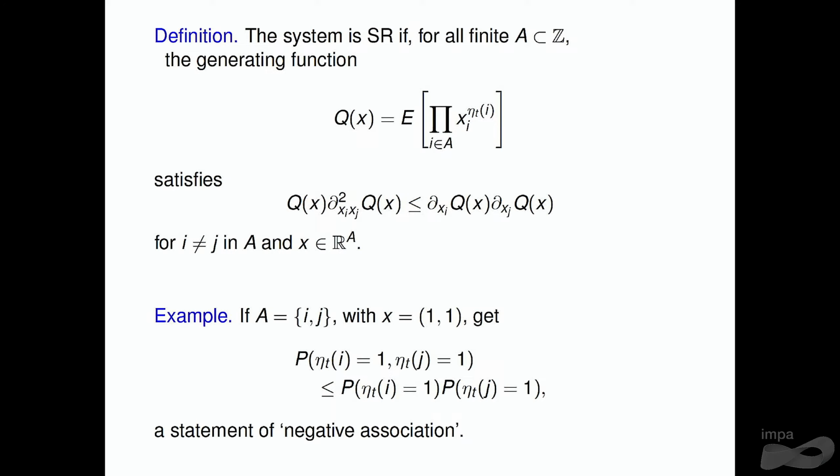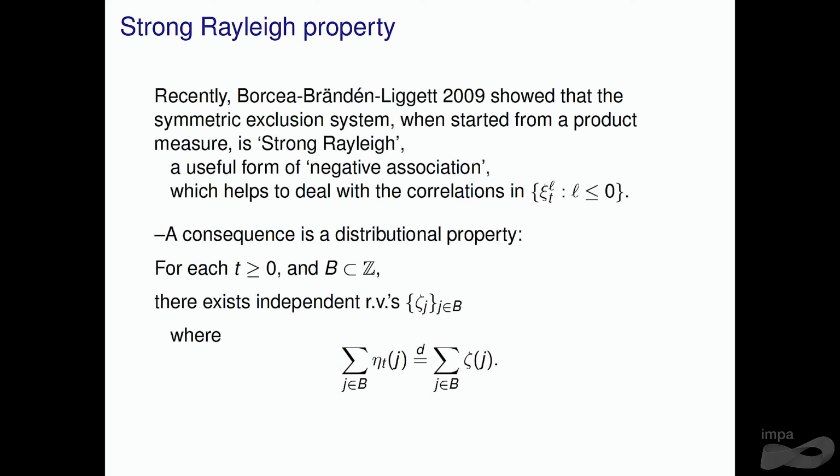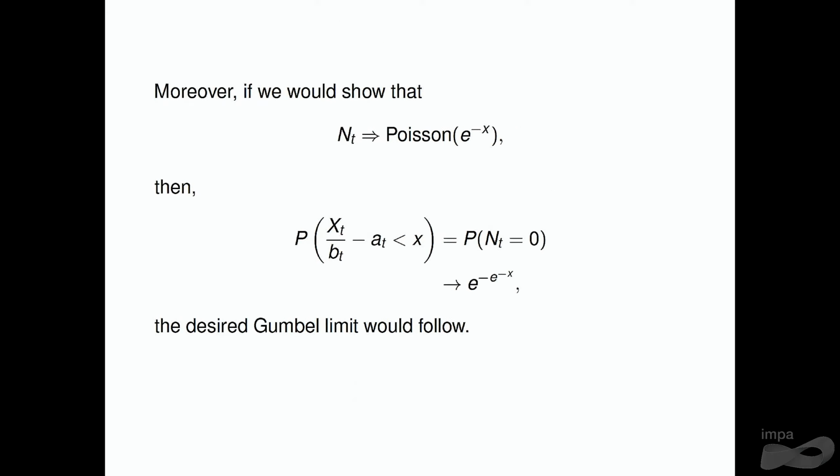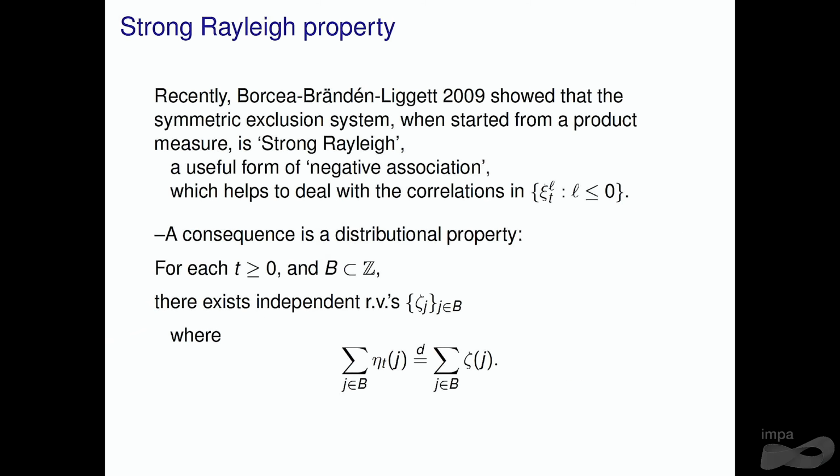Once you have strong Rayleigh in hand, we go back to this capital N_t, which is this, our set which defines B, and we can rewrite it in terms of independent Bernoullis.